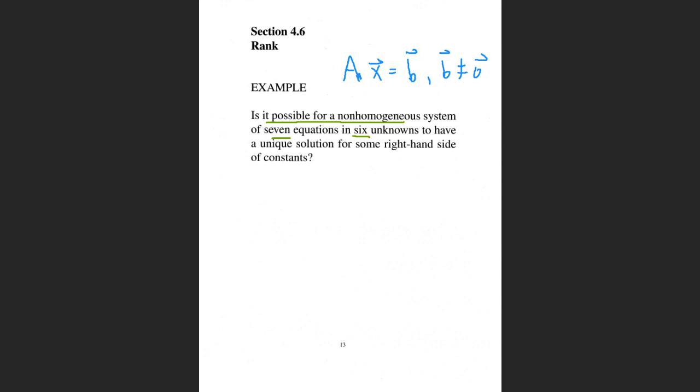I'll say one thing. Since we have 6 unknowns, the vector x has to be a 6 by 1 matrix. So what would the rows and columns of the matrix A be?